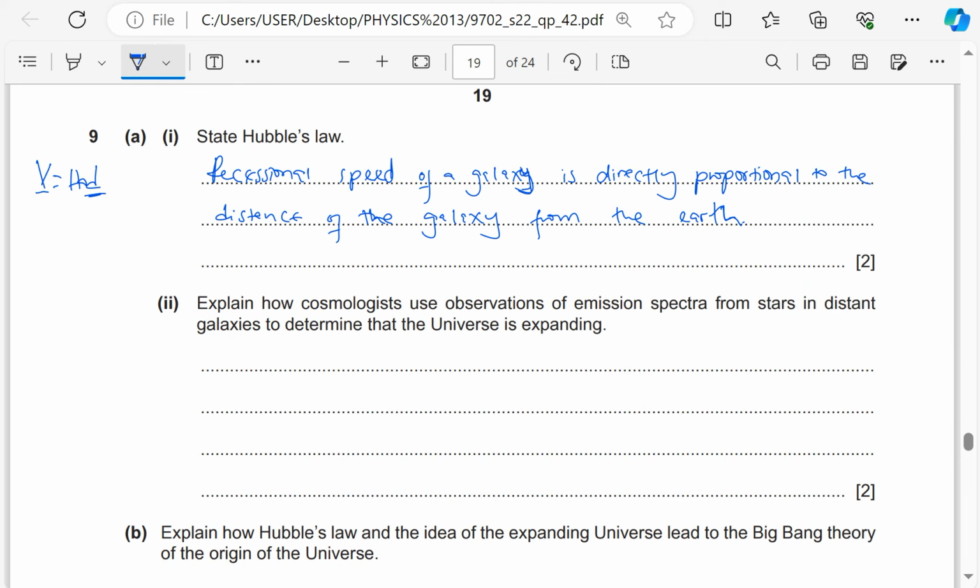So I would say the wavelengths of spectral lines are greater than their known values in the laboratory.